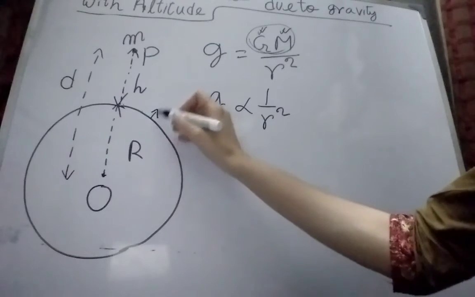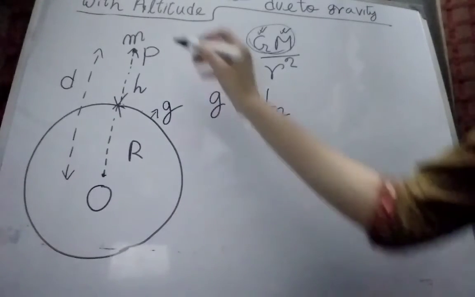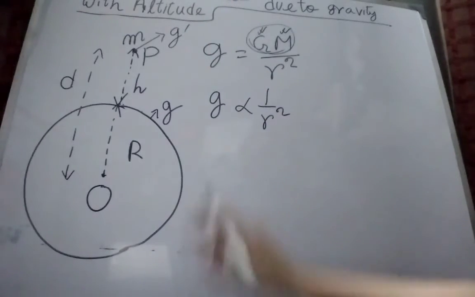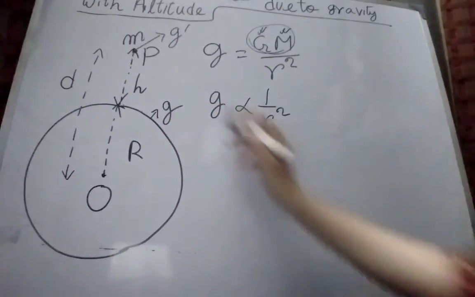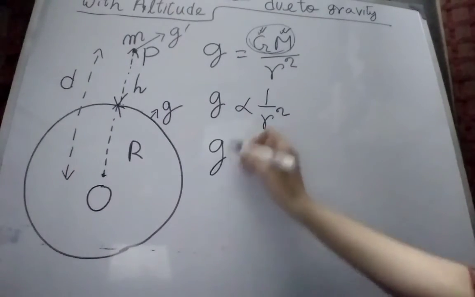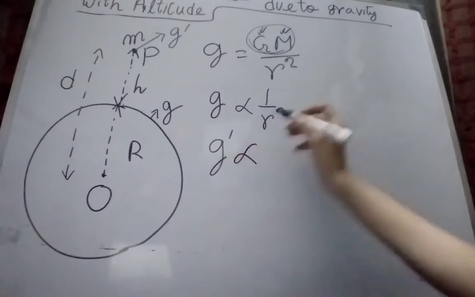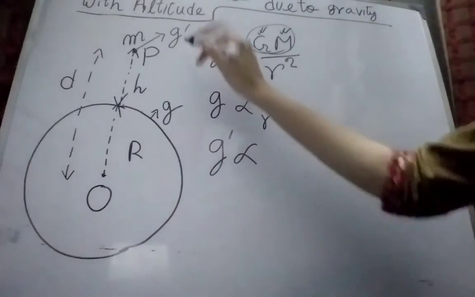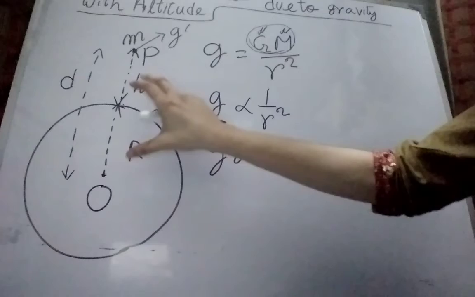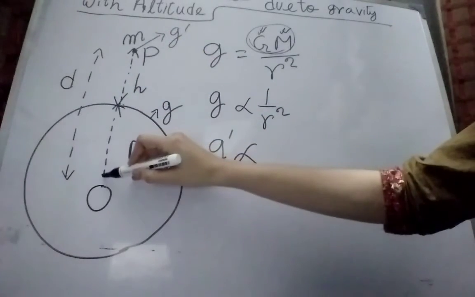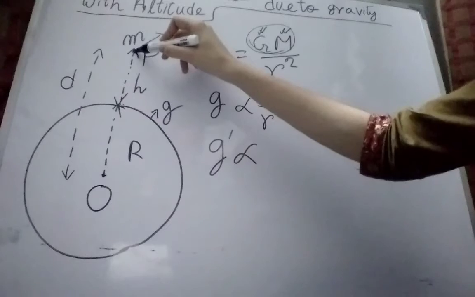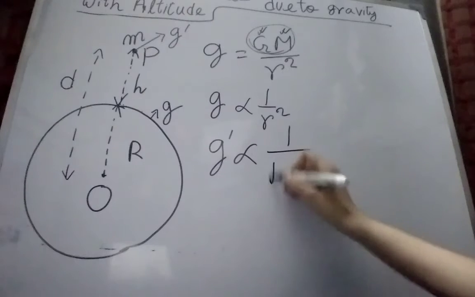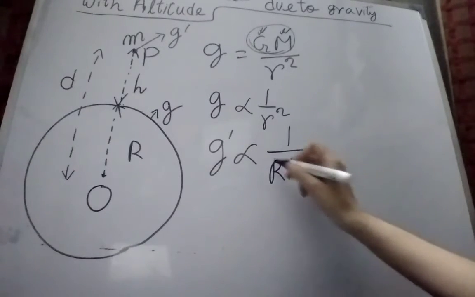The gravitational acceleration on the earth's surface is small g, and the gravitational acceleration at this point is g dash. For this one, we may say that g dash is proportional to, because this distance is considered from the center of the earth, and for g dash the distance will be R plus h, that is the distance from the center to that point P. So g dash will be proportional to 1 by (R plus h) square.